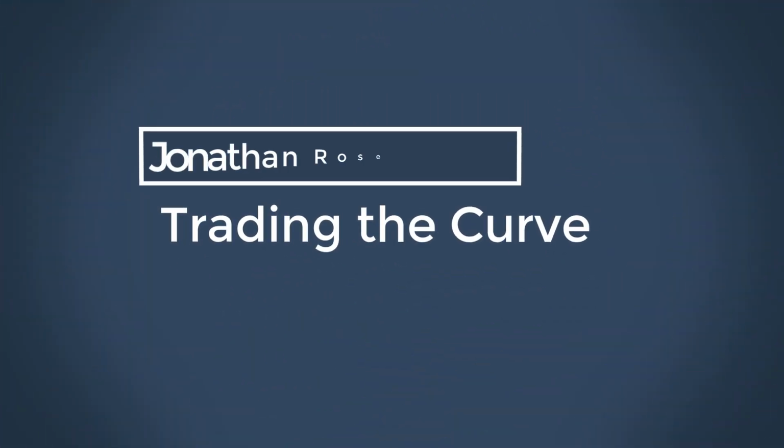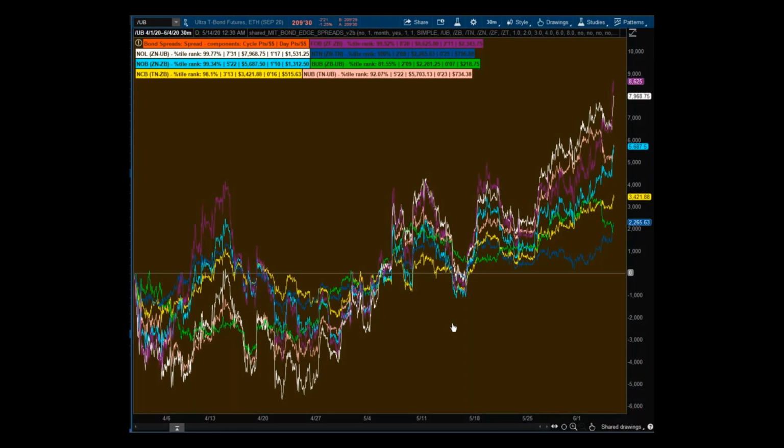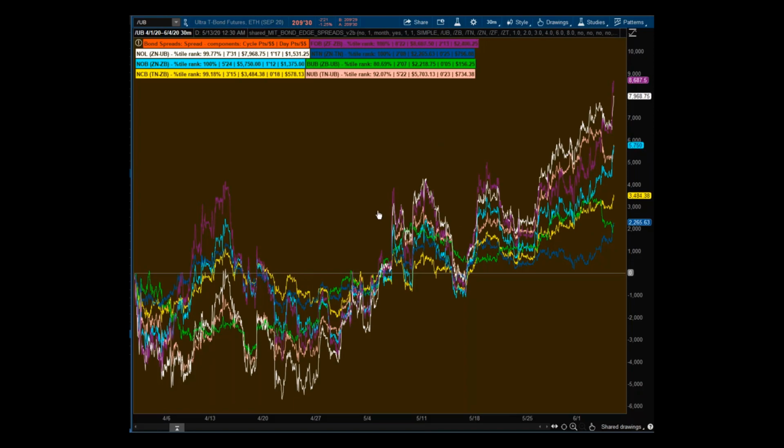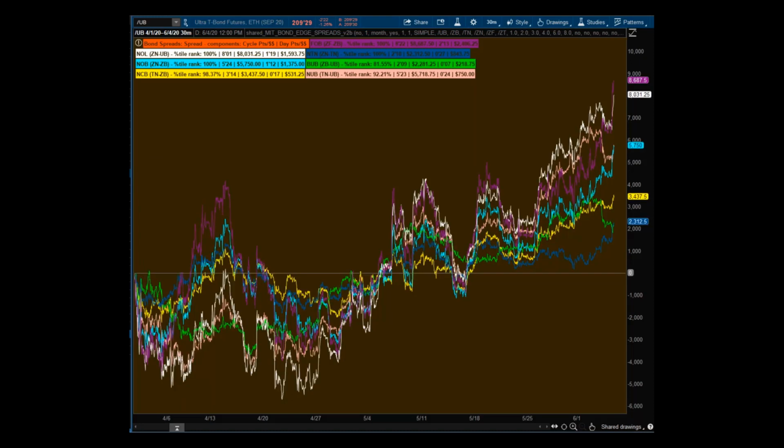So I want to go through how I look at the bonds, guys. I've just pulled this up, and again, this is just bond edge. I went back to like April 1st. When I'm doing this analysis, the reason that I went to April 1st is it's when it really first settled down.